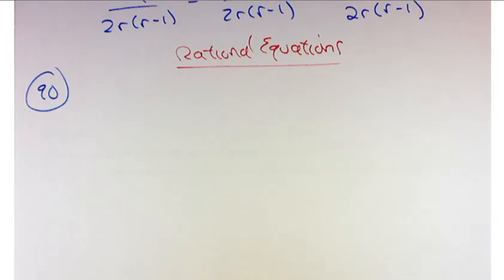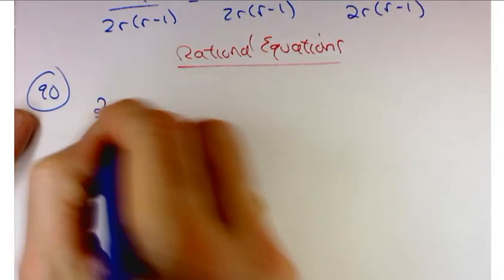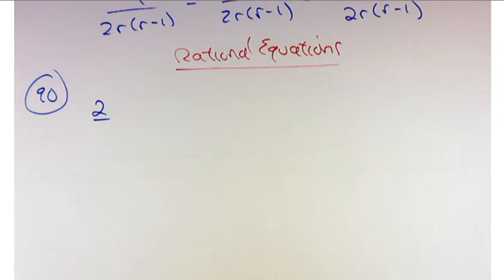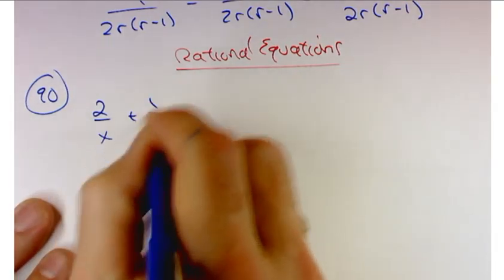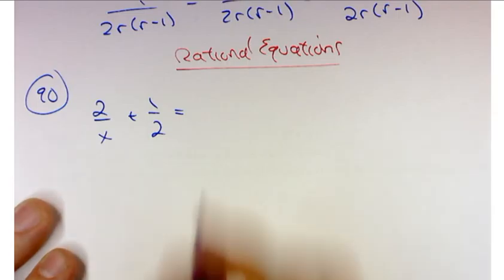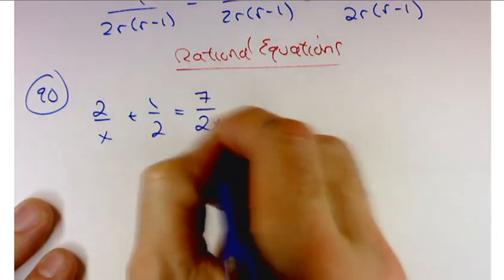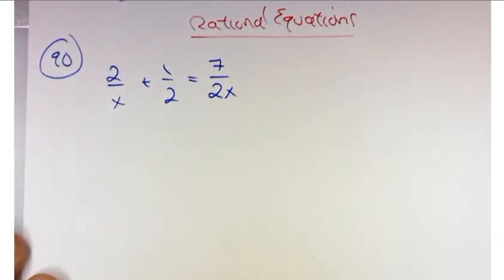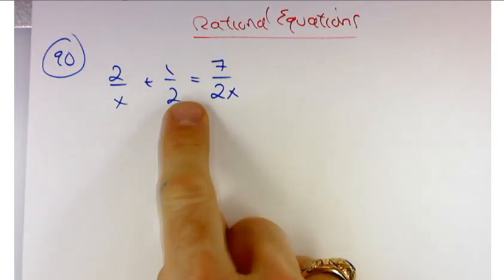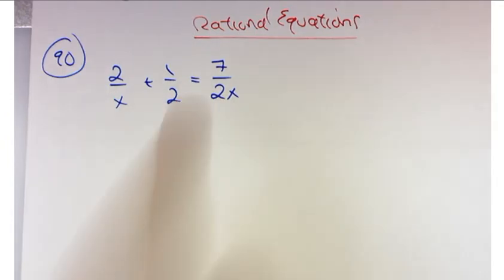So for problem number 90, we've got 2 over x plus 1 over 2 equals 7 over 2x. This is going to be much different than our work with rational expressions in terms of adding and subtracting them. Because we have an equation, we can get rid of the denominators altogether, because we can multiply both sides of the equation by the LCD.